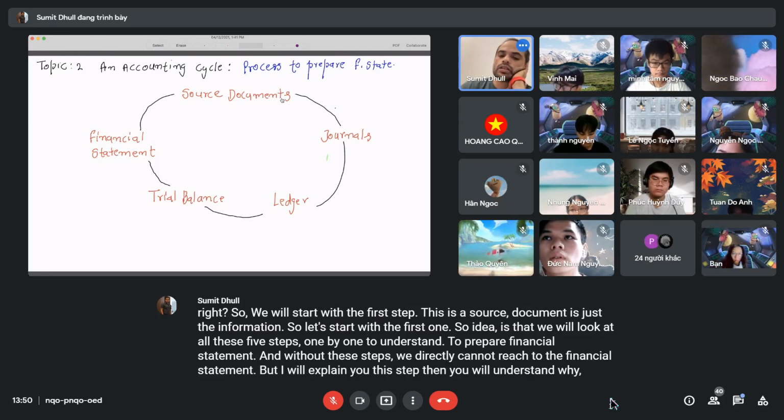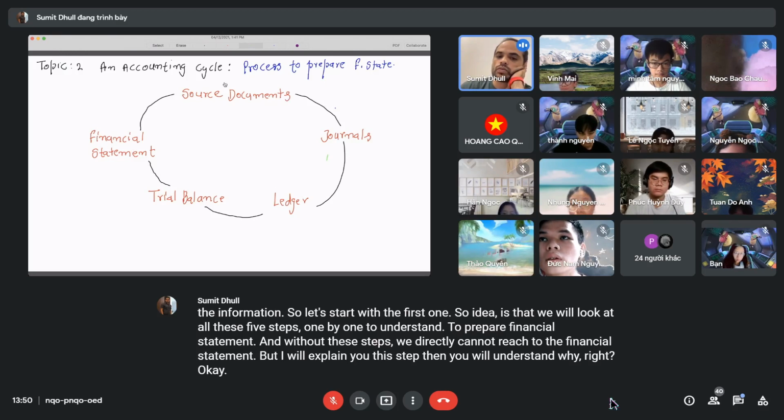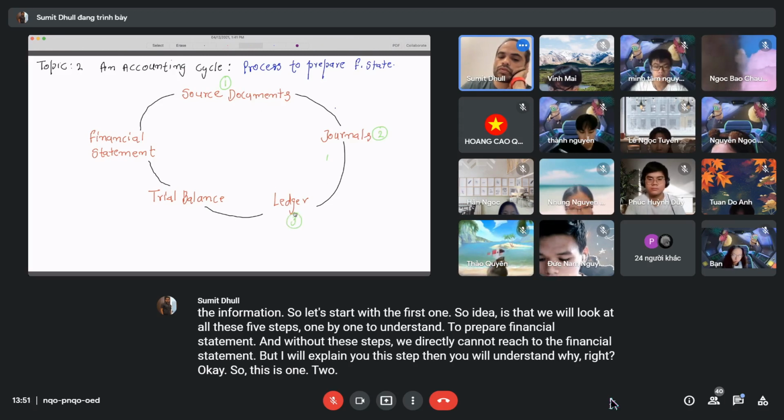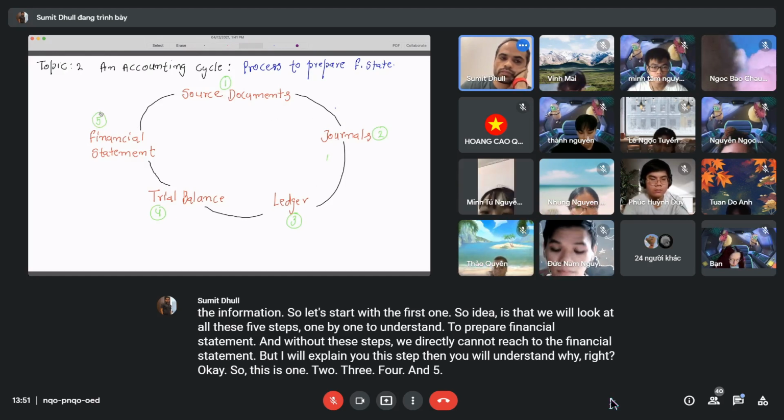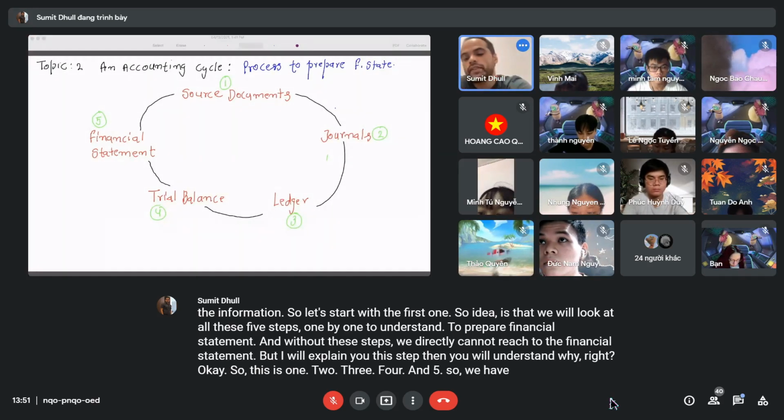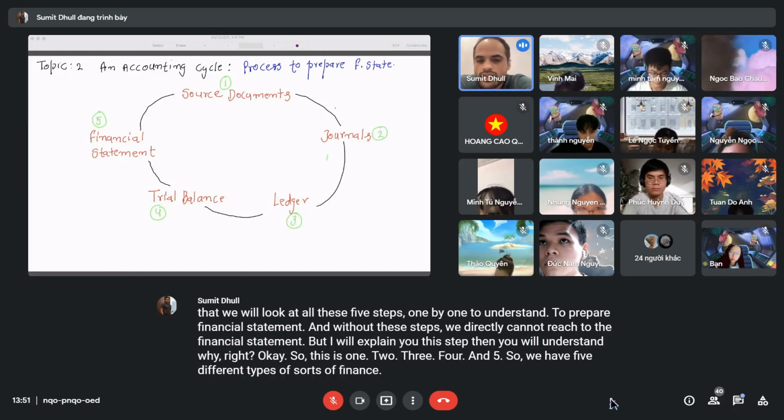All right. Okay. So this is 1, 2, 3, 4, and 5. So we have 5 different steps that help to prepare financial statements.